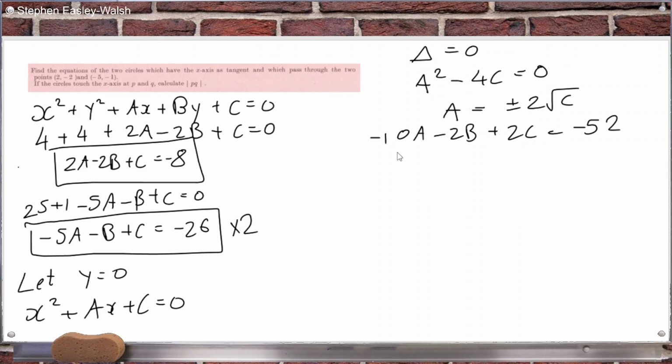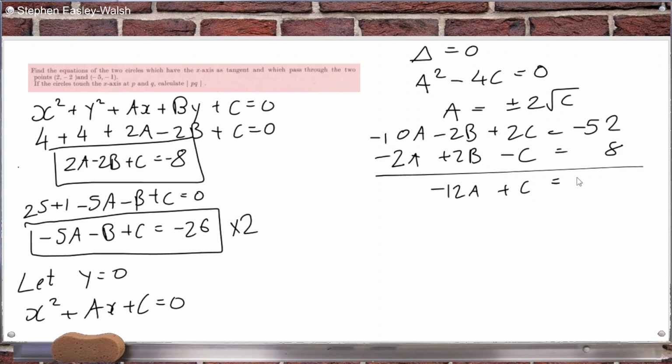And then minus 2a plus 2b minus c equals 8. Add them together and I get minus 12a plus c equals minus 44. But a is plus or minus 2 root c.